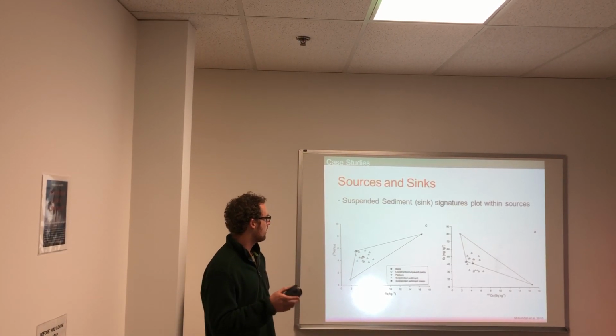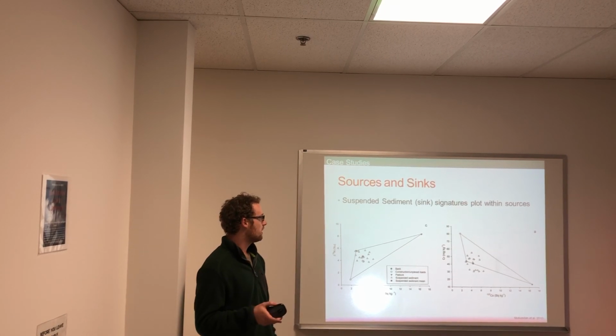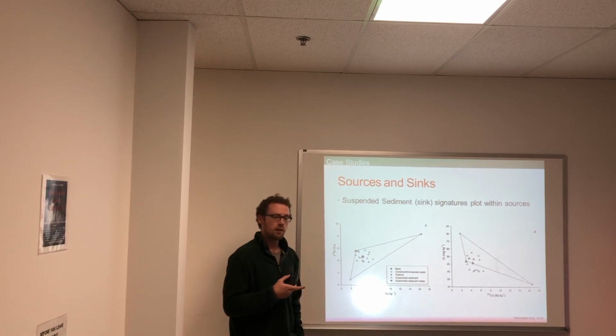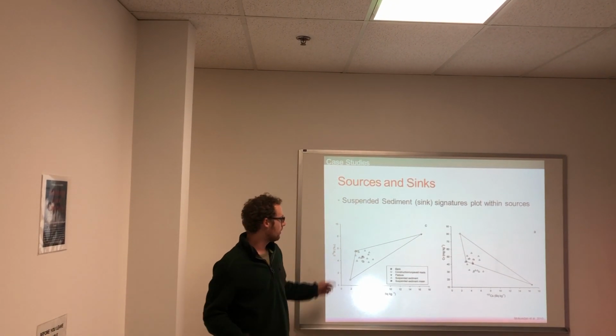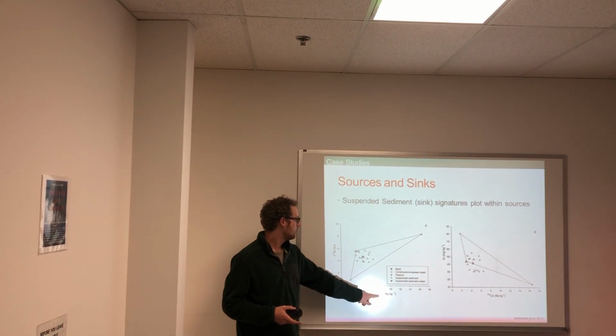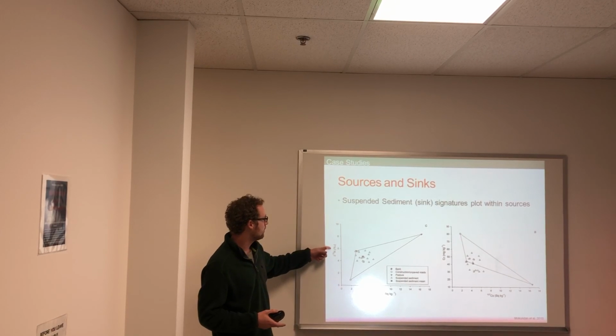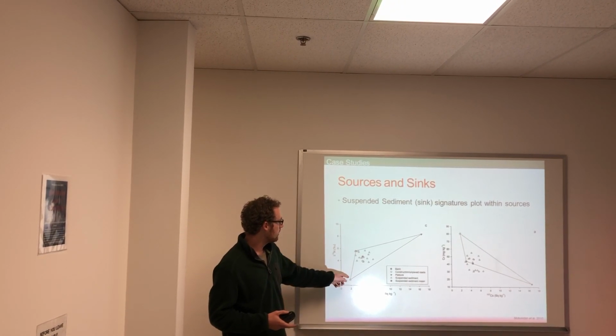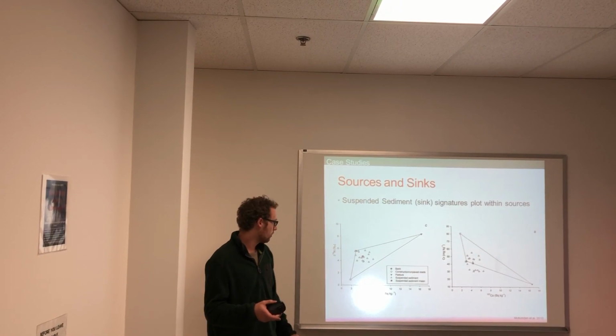Next, looking at sources and sinks, suspended sediments, which are your sinks, those signatures, in this case, plot within the source. So to explain this, the first graph we have here on the right, we have cesium-137 on the x-axis and our stable nitrogen isotope signature on the y-axis. Now, the vertices of this triangle represent your sources.